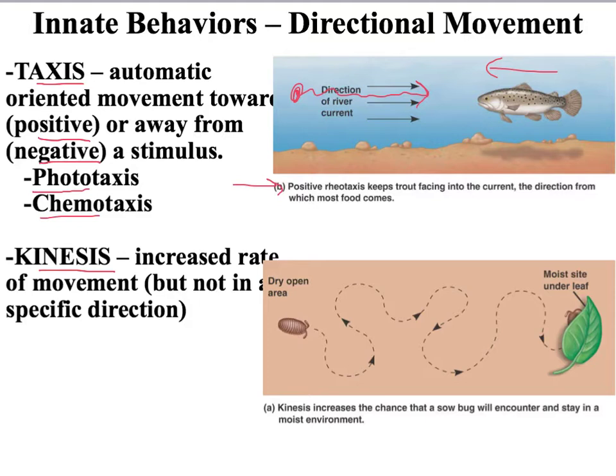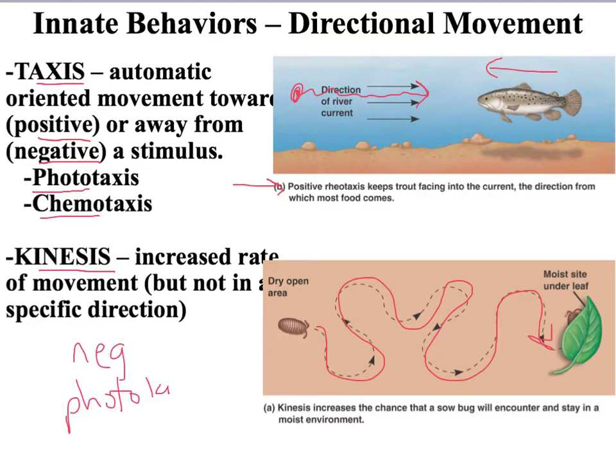What they do is they just increase their activity. So this movement is increased activity, but it's not necessarily being directed somewhere. It's just being directed away from the light in a random manner. So this could be called negative photokinesis.